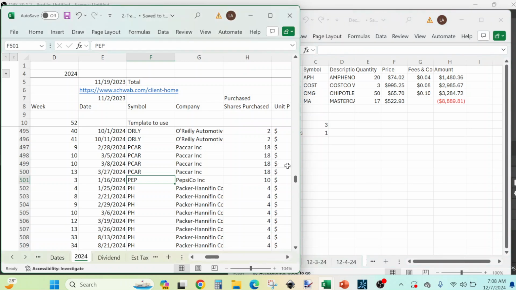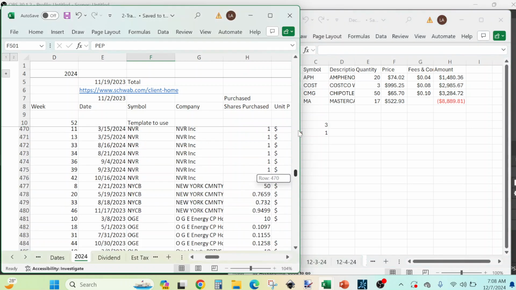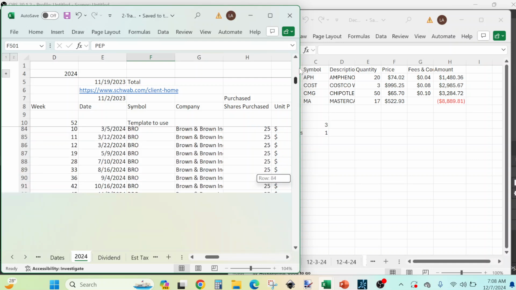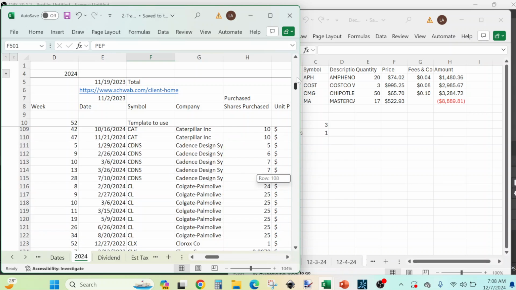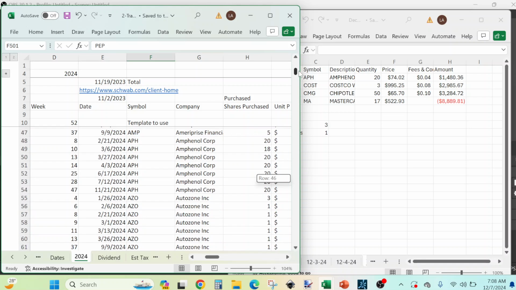So APH will go straight to the A's, and in your record, it will be good to have them alphabetical by the symbol. That way you'll be able to track and do your record of particular stocks that you purchase on a regular basis together, especially if you trade the same stocks over and over.